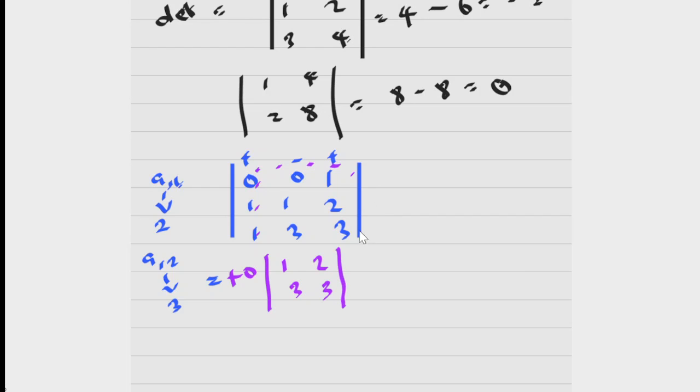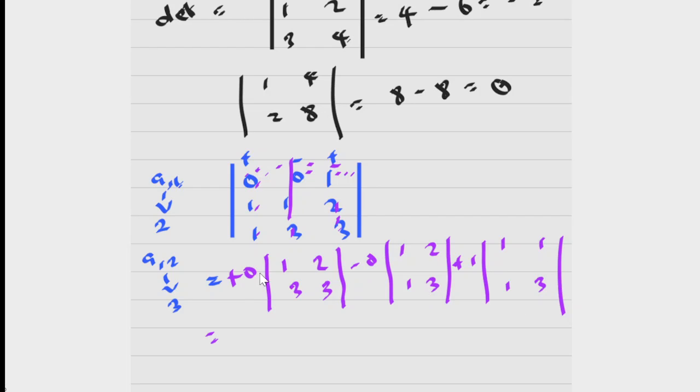For the second one, you have minus 0. Take the minor by clearing the row as well as the column. Then what am I going to have left? 1, 2, 1, 3. And lastly, for the last one, you clear the row as well as the column. That is 1, 1, 1, 3.